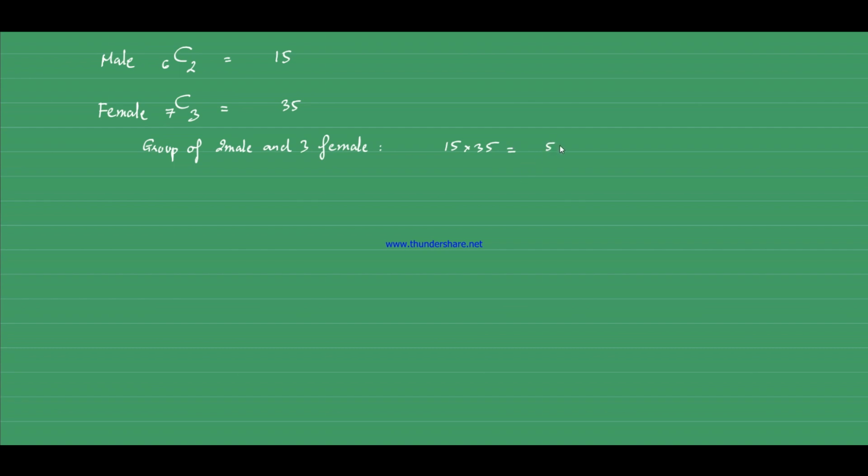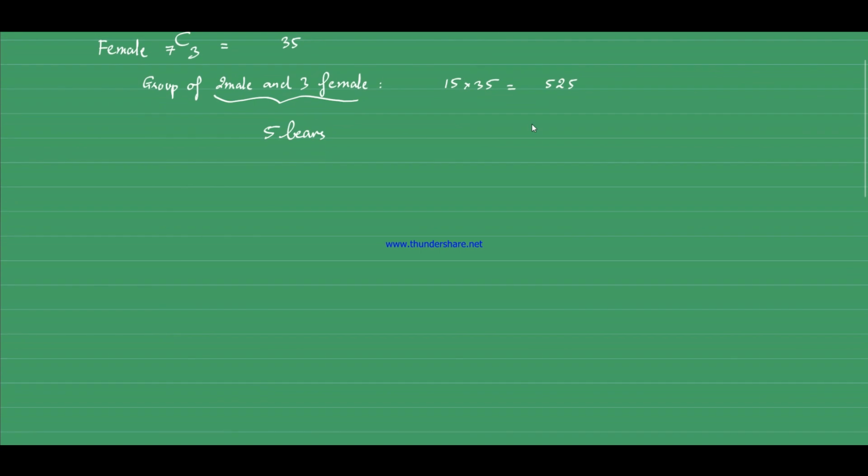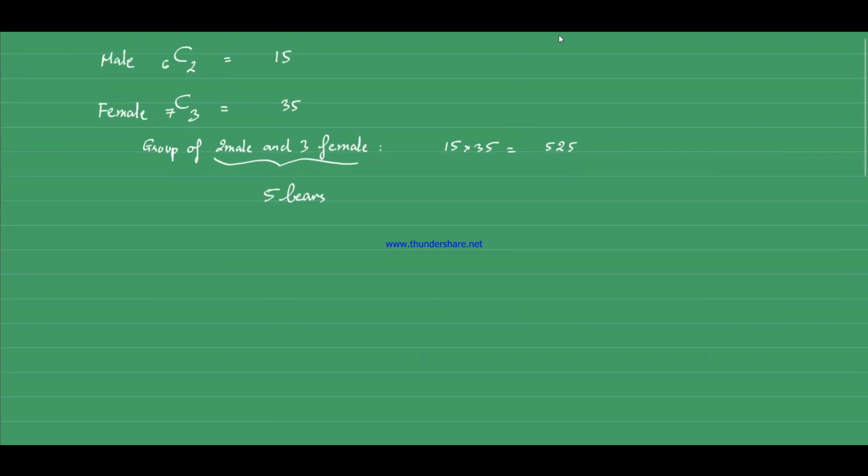There are 525 ways to pick a group of 2 male and 3 female bears. So the group makes totally 5 bears. Good.